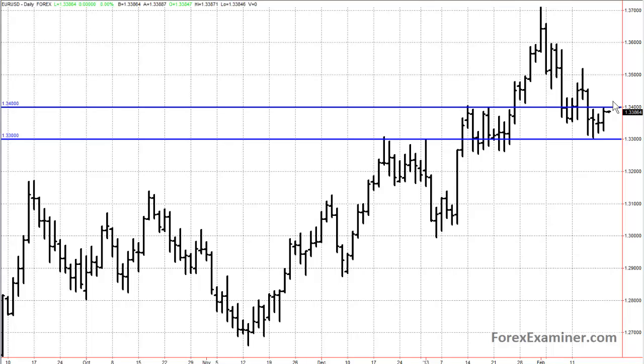Okay, so conversely, when the market closes below this particular line, we want to be short. Okay, so bar comes down, prices come down, we get a close at this level, then we would sell the open of the very next bar. Okay, hope that's making sense.